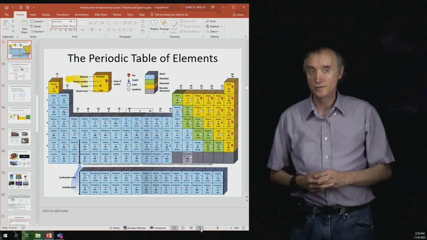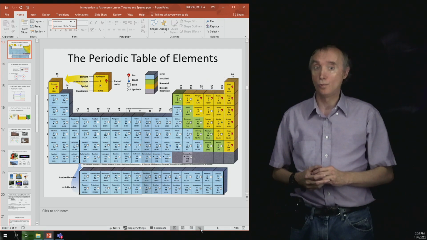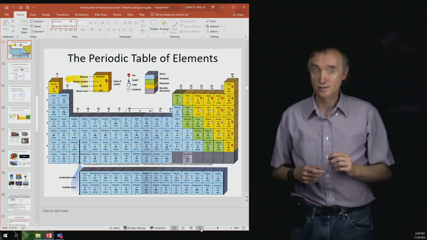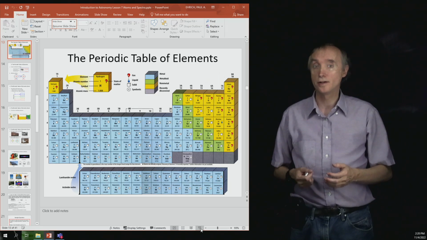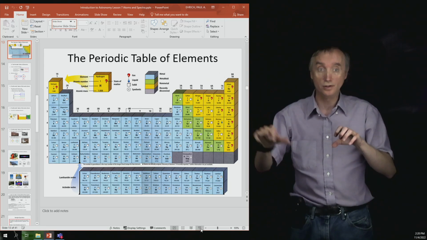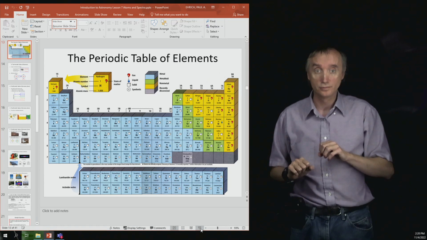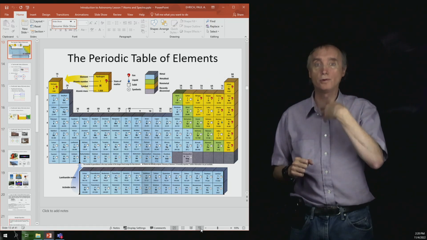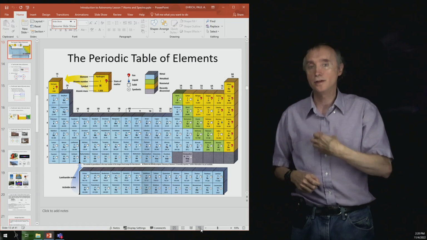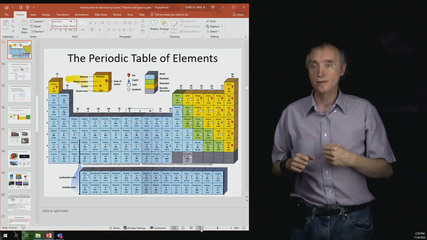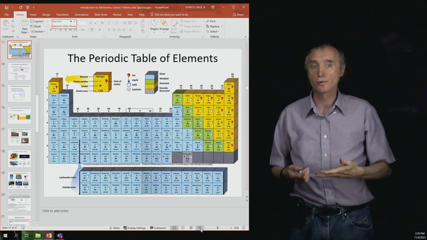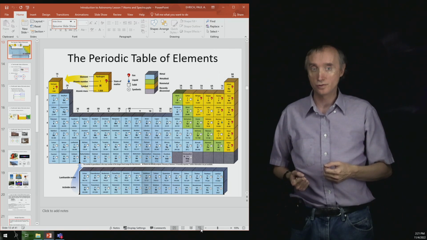What column is it in? Column 7. And what did we say it wants? It's got 7 valence electrons and it wants 8. So it's going to beg, borrow, or steal an electron in order to do that. If you breathe chlorine gas, it's going to take the electron from your lungs, and then your lungs are not going to be able to operate chemically the way they're supposed to, and then you die.